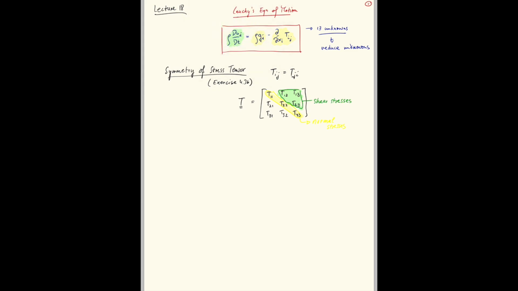And so if the stress tensor is symmetric, then there's only 3 off diagonal terms really. This means there's in total only 6 unique components. So now we're down to 10 unknowns in the Cauchy equation. That is still not enough.